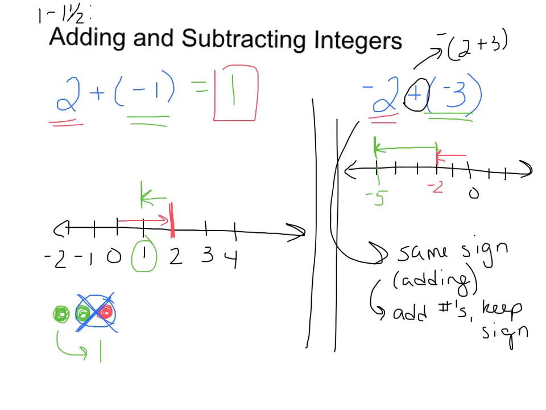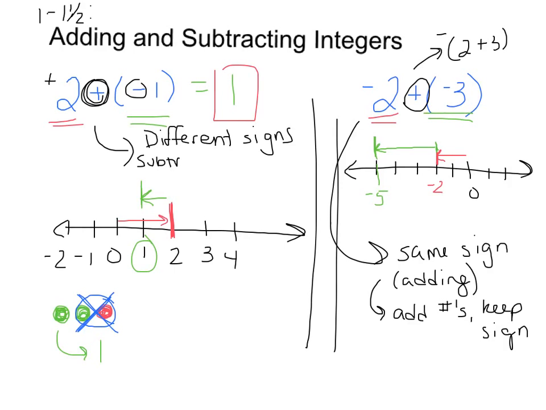Over here, if I have 2 numbers and they have a different sign, so one value is positive and one value is negative, and I'm adding the 2, then I'm going to subtract the values, and I'm going to keep the sign of the larger number.